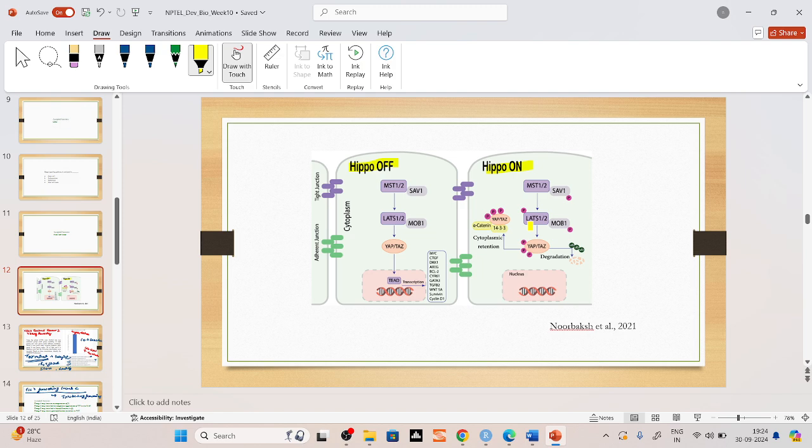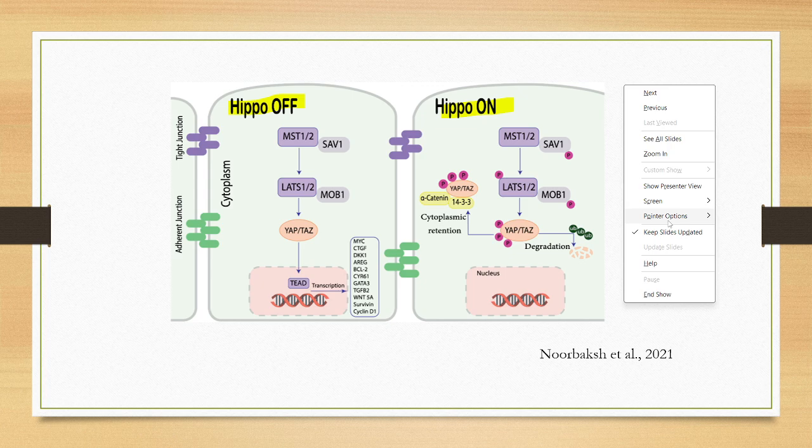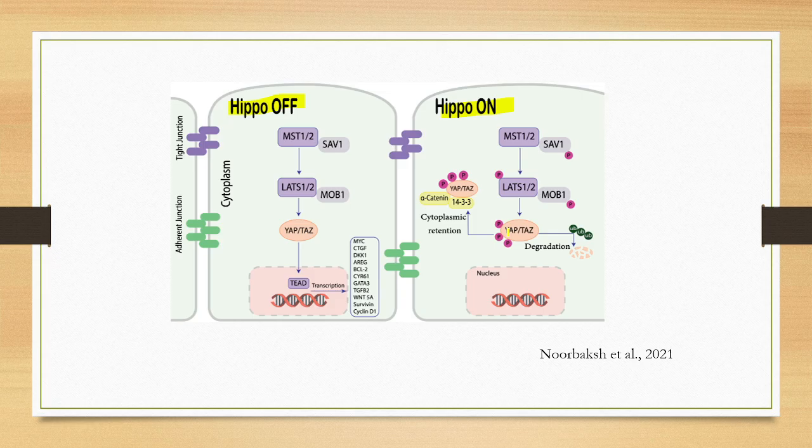But what happens when the Hippo pathway is on? When the Hippo pathway is activated, these YAP and TAZ are now phosphorylated.